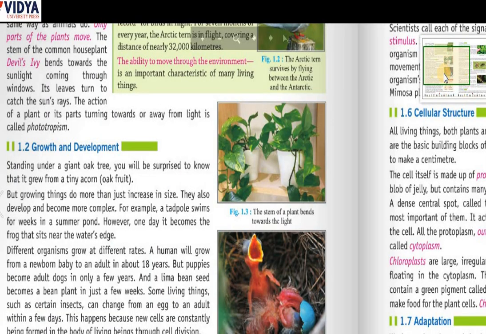The next important characteristic of living things is growth and development. All living things will grow from a smaller to bigger size, and their body will develop with time. For example, a small plant starts growing from the ground, and slowly and gradually it becomes a huge tree.